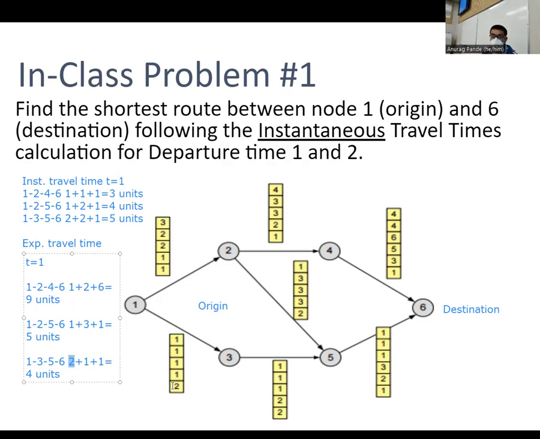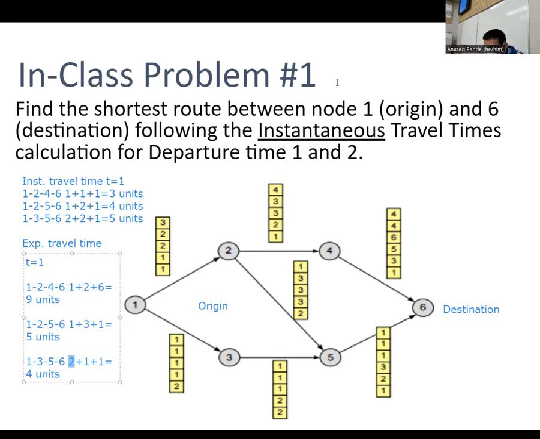All right, so this is basically the problem right here. Then you could do it for number 2. Your homework basically says for number 3 and 4. So I'll give you 5 minutes to make sure that you can do it on your own. Now repeat these calculations for instantaneous travel time at t equal to 2 and experience travel time also at t equal to 2. You start at t equal to 2 from your origin point, node 1, and the destination is node 6.